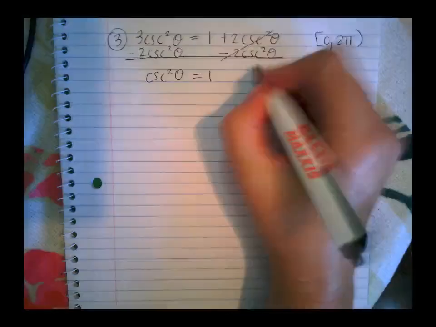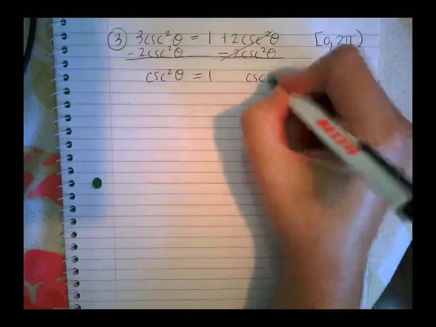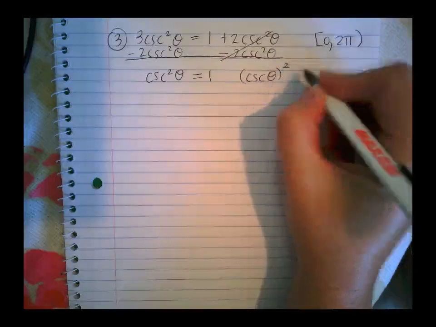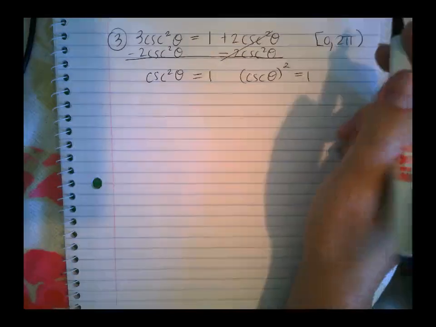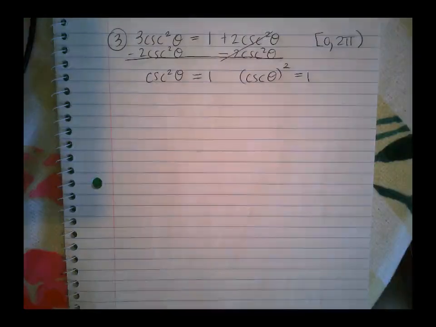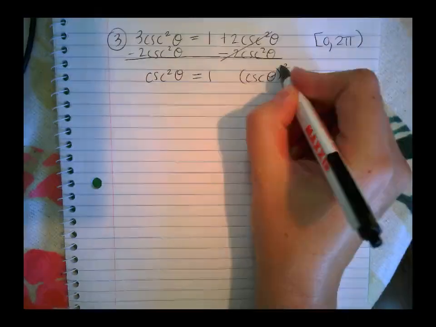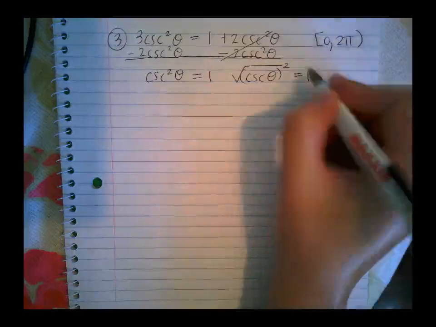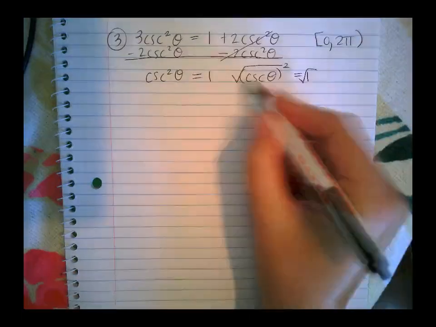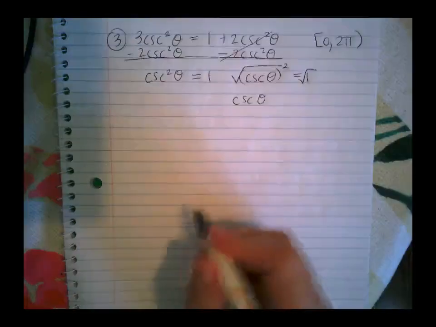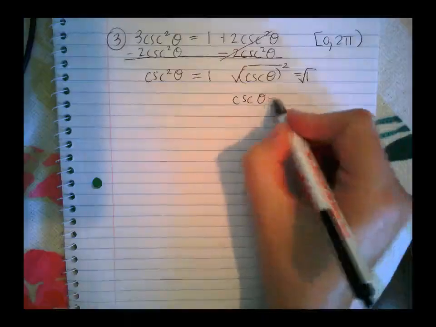And then remember we talked about the cosecant squared really just means the cosecant of theta squared, and that has to equal 1. So when we're solving this algebraically, we will now take a square root. The square root of something squared, because those are inverse operations, they cancel each other out, leaving us with just the cosecant of theta on the left.